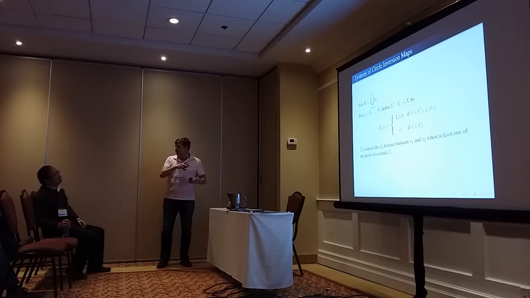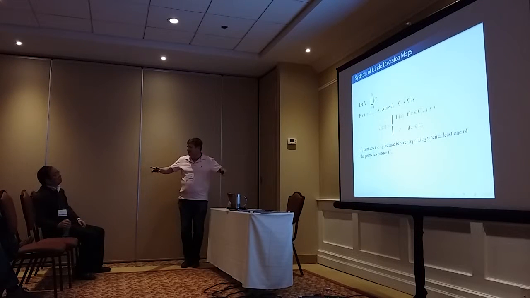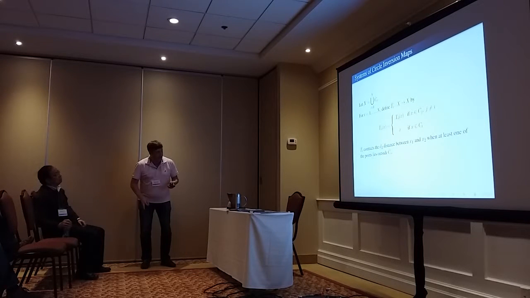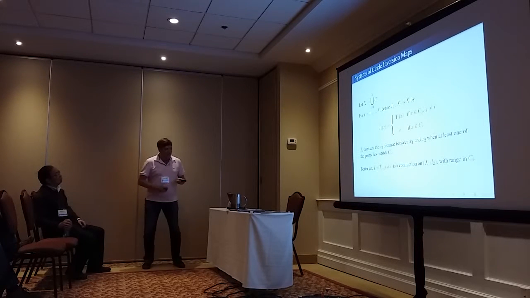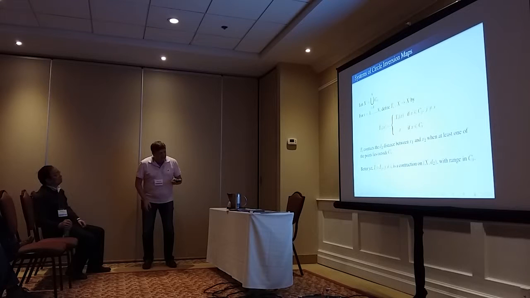This is a theorem. If they're both inside, it doesn't do anything. Okay? Better yet, and here comes the beautiful spot, if I take the pairwise composition of two distinct guys, Ti and Tj, that's a contraction, and it sends everything into Ci. Okay?